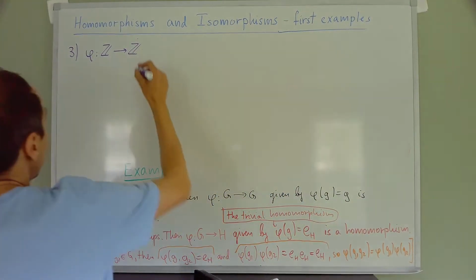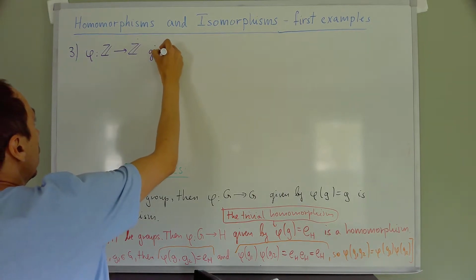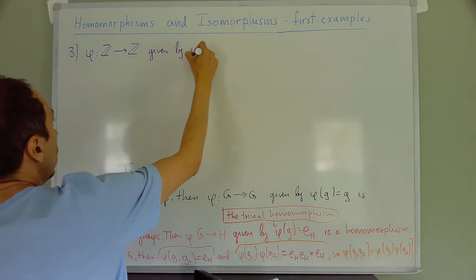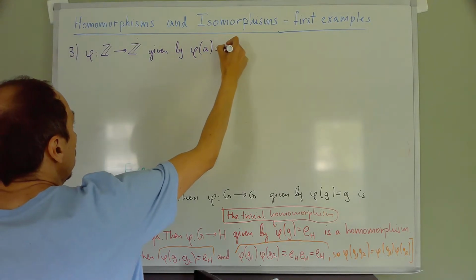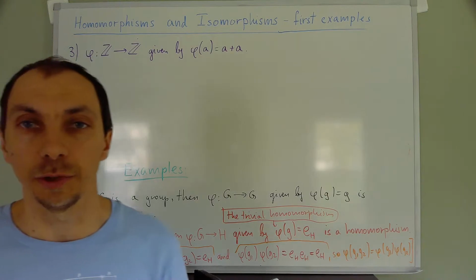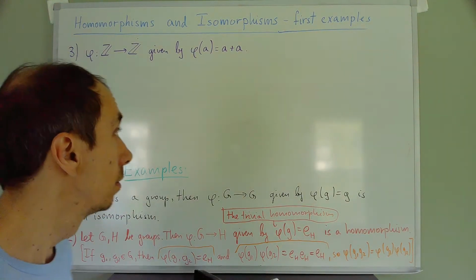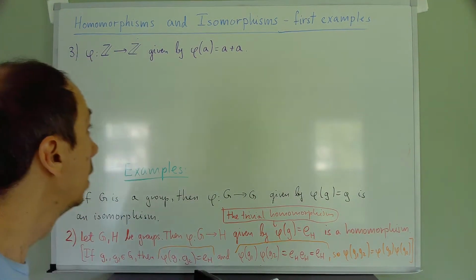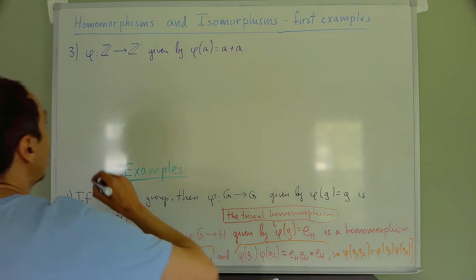Then I'm going to define it given by phi of a is equal to a plus a. A different way to write it is just 2a. Either way is fine. Is this a homomorphism? Let's check.